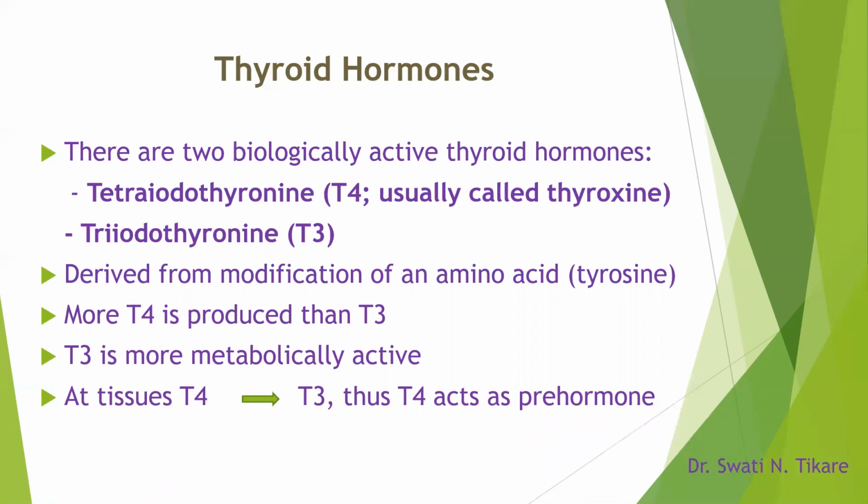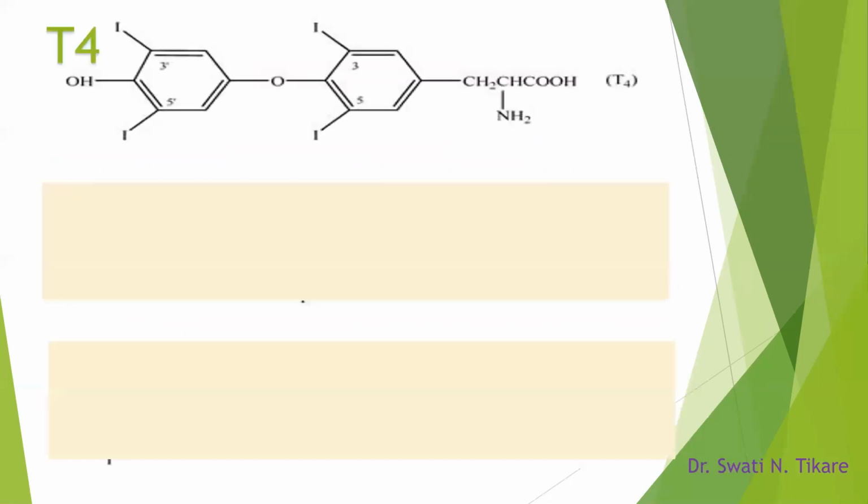So more of T4 is produced, less of T3. But when they go into the tissues, T4 gets converted into T3, and T3 is the one which is metabolically active and performs all the functions of the thyroid hormone, what we know as the actions of thyroid hormones. So T4 also has some functions, but it can also be termed a prohormone.